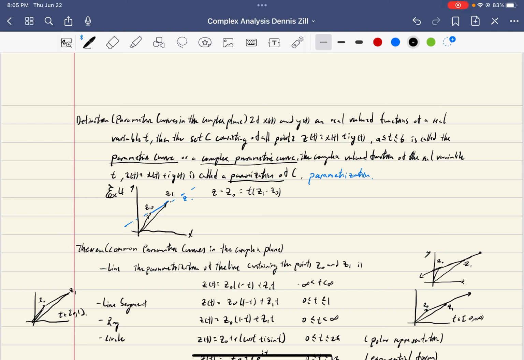Why? Because it's really just that z is one of the points over here, and these are the endpoints, right? I don't know if you remember calculus 1. I think in calculus 1, you have a vector, right? That is the line segment, right?